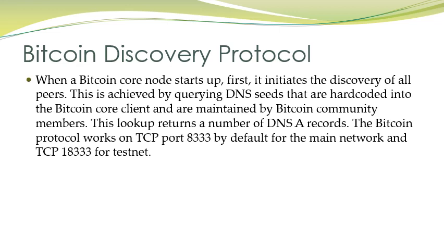The Bitcoin protocol works on TCP port number 8333 by default for the main network, and TCP 18333 for testnet. In the block information, the block data structure, we have studied one initial number of 4 bytes, which we call the magic number.